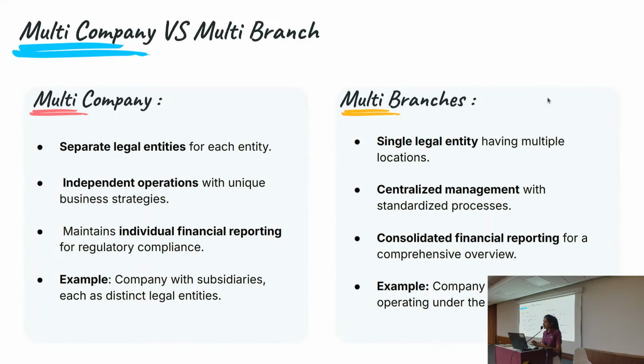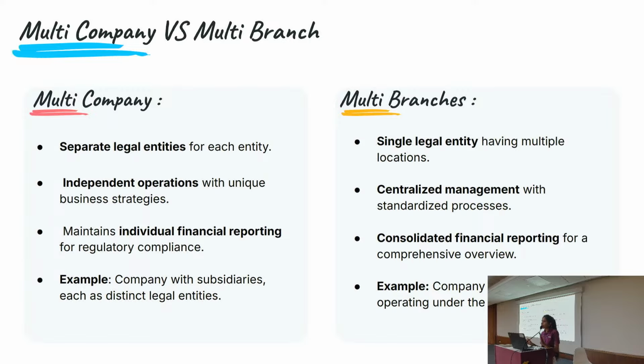Just like multi-company, let's understand multi-branches. Adani has a port in Mundra and offices in Ahmedabad and Mumbai. All these are located at different locations even though they are working under the one name of Adani.